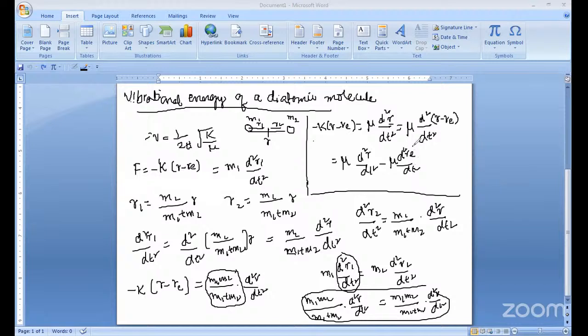This last term is equal to 0, because d square RE by dt square is 0.